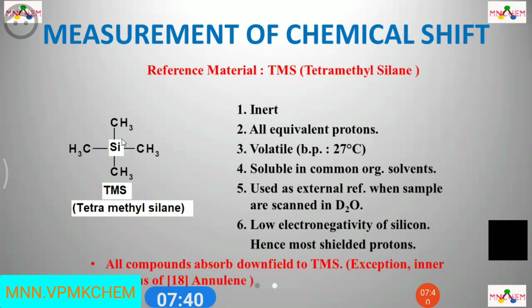The value for these protons is set as 0. This is very important, remember: the signal for the TMS is assigned as 0, and then the difference between the positions of different peaks and this is calculated as the chemical shift.